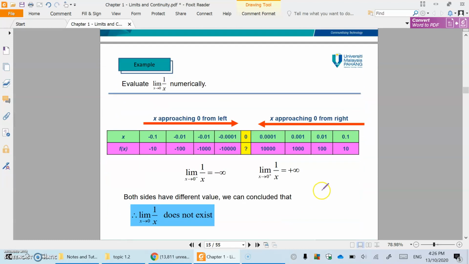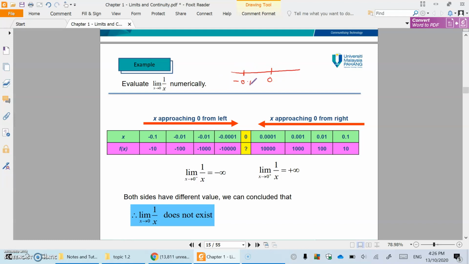Next example, evaluate the limit of 1 over x as x approaches 0, numerically. As you can see, we still have a number line, and from the left we consider negative 0.1.